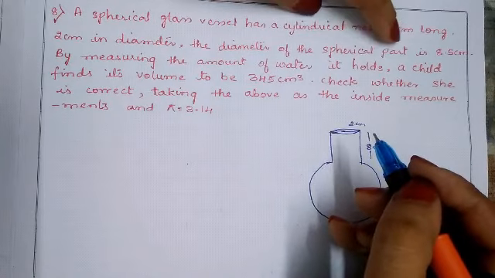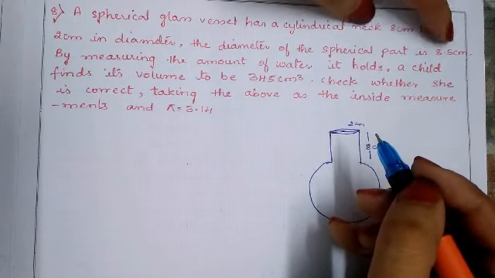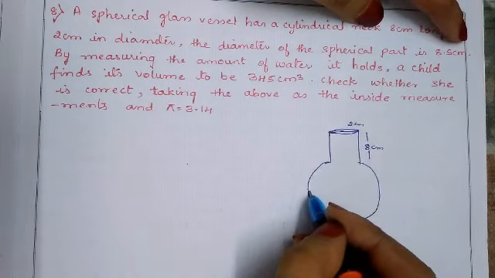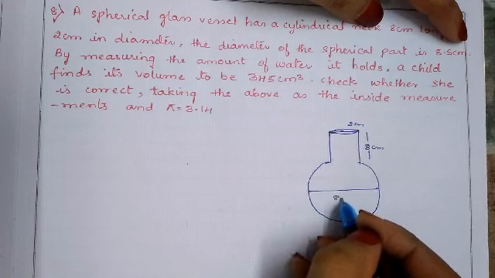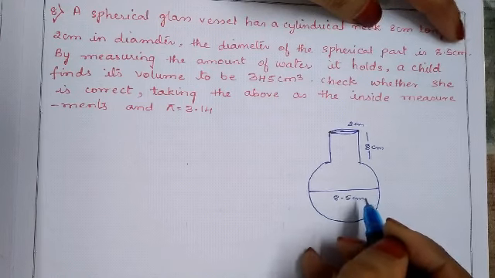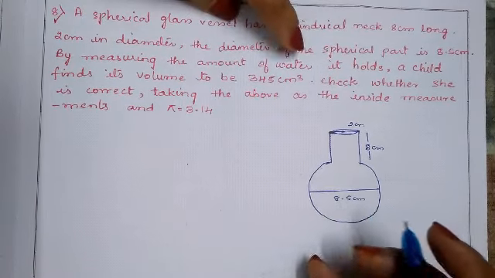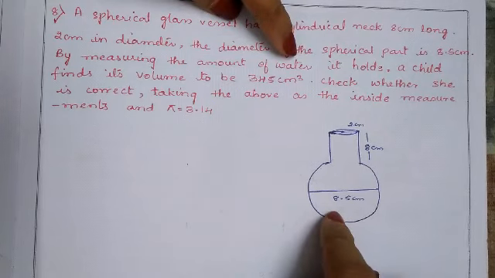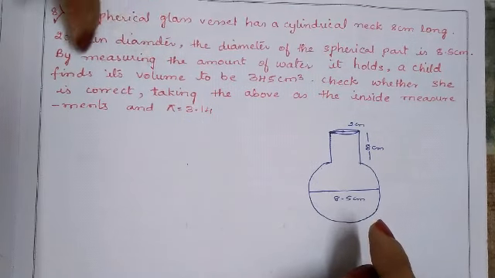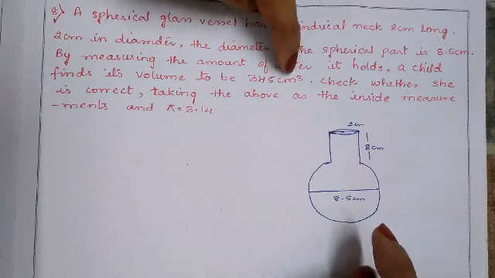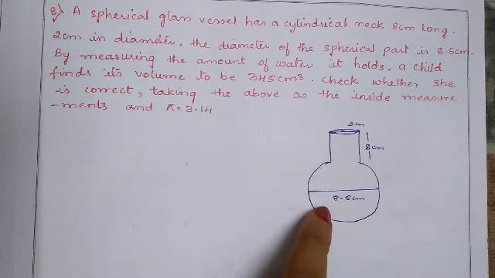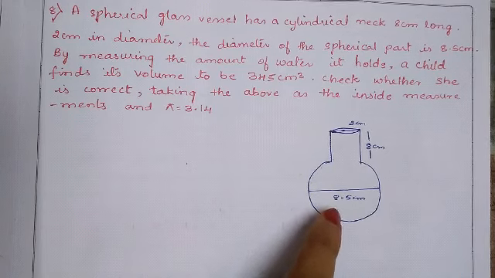The diameter of the spherical part is 8.5 centimeter. By measuring the amount of water it holds, a child finds its volume to be 345 centimeter cube. For example, this tumbler is like a spherical vessel.